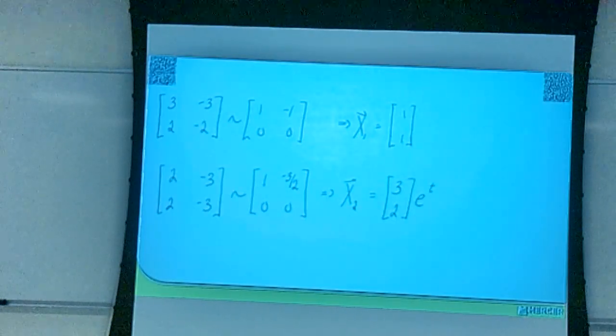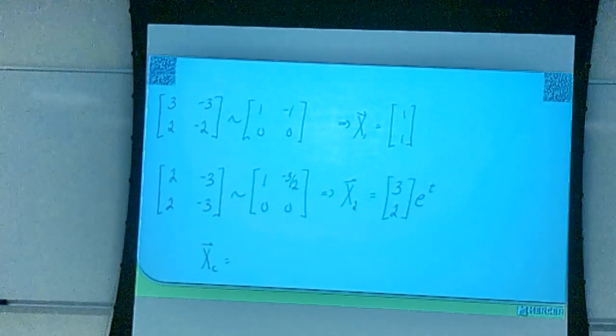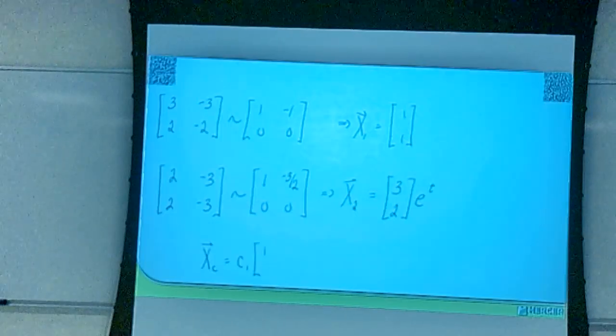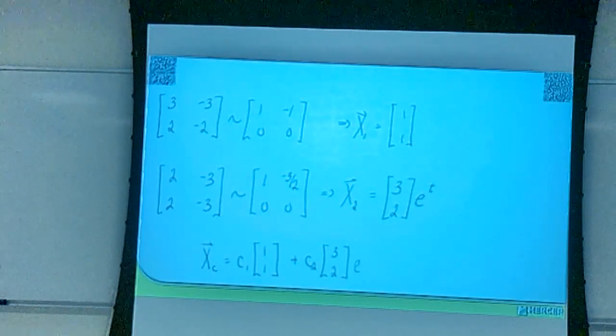You should get the solution 3, 2, e to the t. Or any multiple of that. There's the complementary solution.